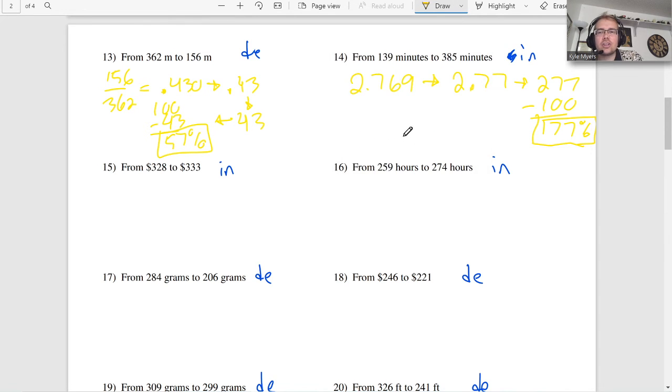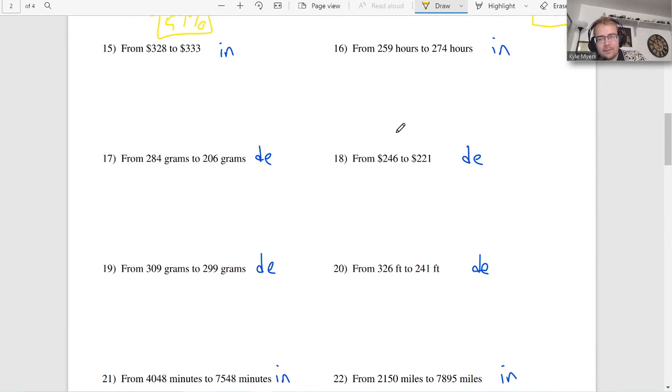Change colors. Doing kind of an orangish now. So 333. Don't let the different symbols throw you off there. It's just money, so it's another unit, right? Money is a unit, grams is a unit, hours is a unit. So just ignore the little money signs. 328. I get 1.015, which is 1.02, which turns into 102.